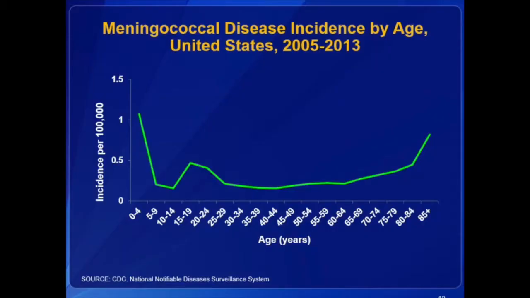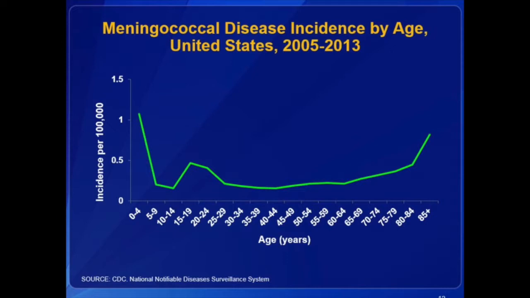This slide is from the CDC National Notifiable Diseases Surveillance System. It looks at the incidence of meningococcal disease by age in the United States over the period 2015 to 2013. On the y-axis is the incidence per 100,000.